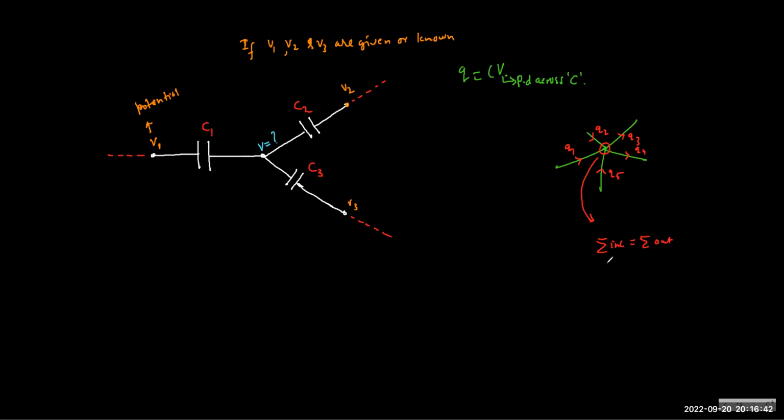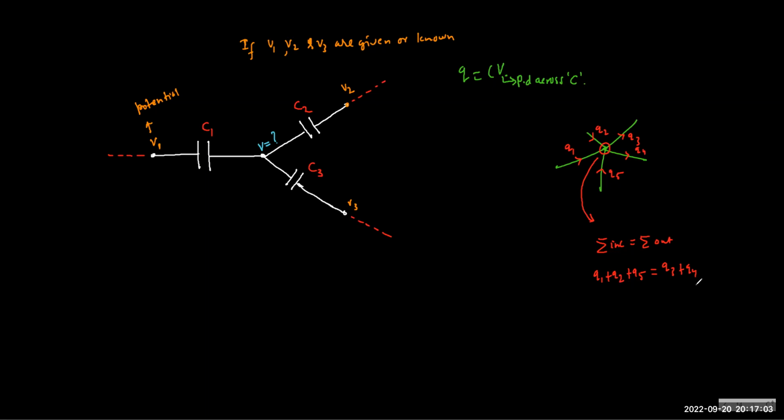So what is incoming here? At this junction, Q2 plus 1 plus 2 plus 5. And what is outgoing? 3 and 4. Because of the way we assume, we can write the equation, that's it.